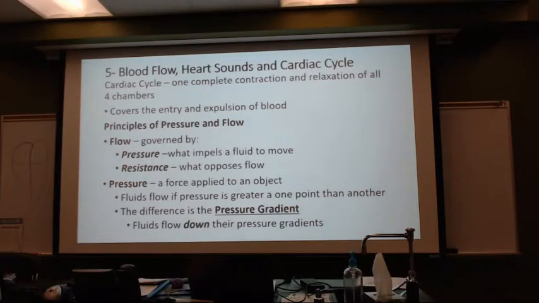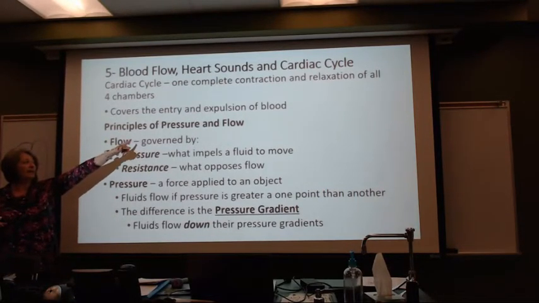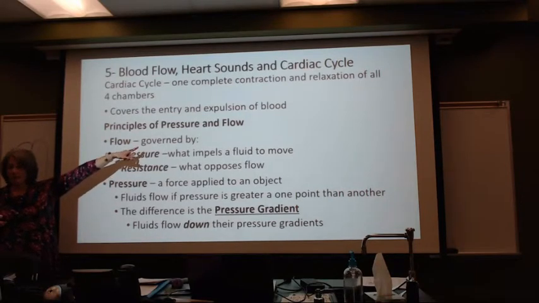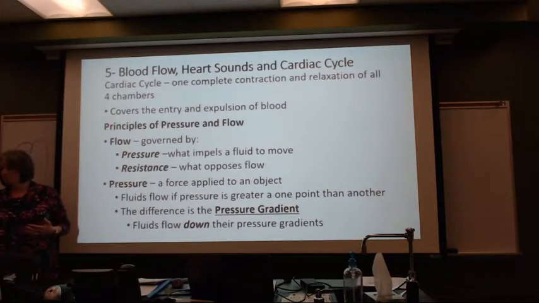So we're going to say that we have principles of pressure and flow. And this is going to be governing the flow of the blood through the heart.